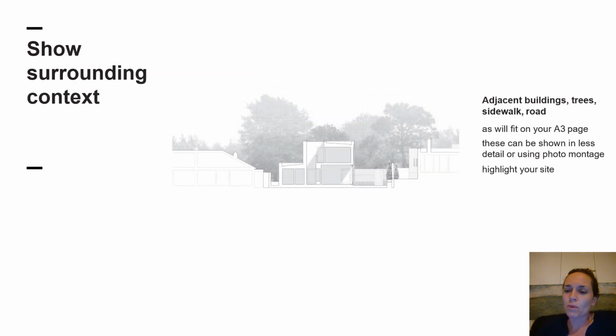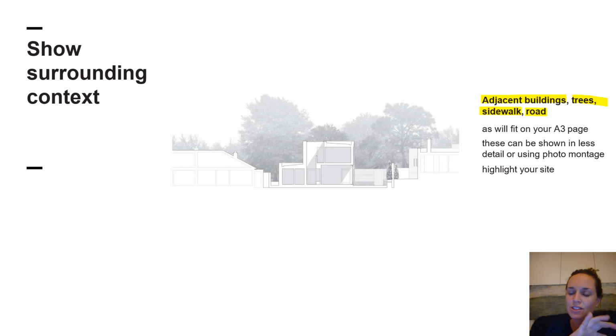A really important one that many students forgot last year is to show the surrounding context. What that means in our site is to show the adjacent buildings. So that will be the tobacconist to the west and as much of the garage as you can fit on the page to the east, as well as the trees, the sidewalk and the road.